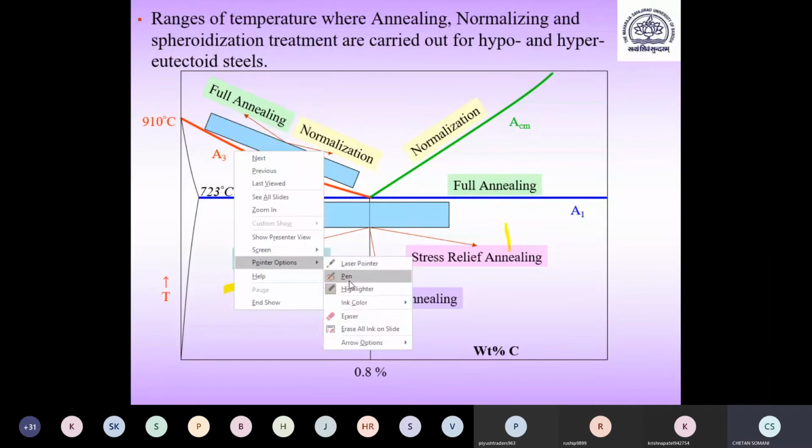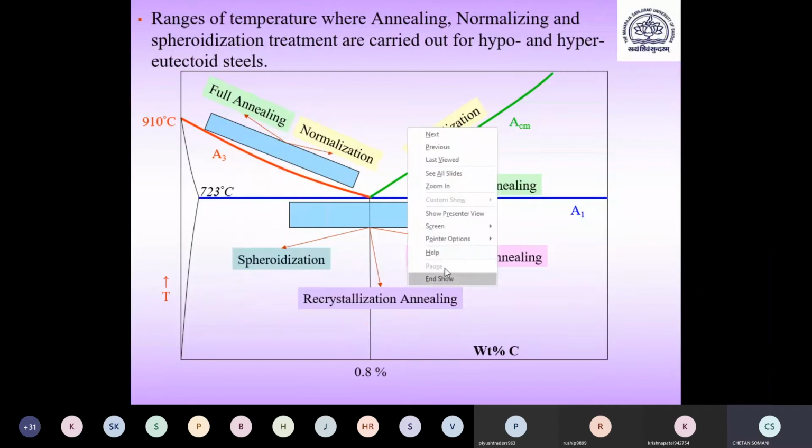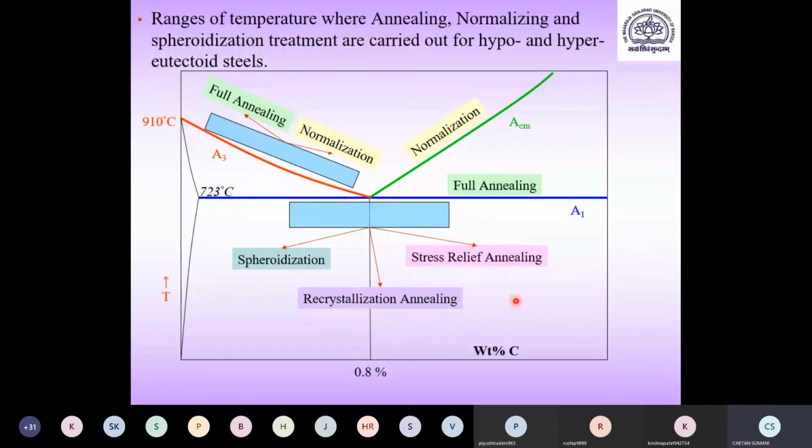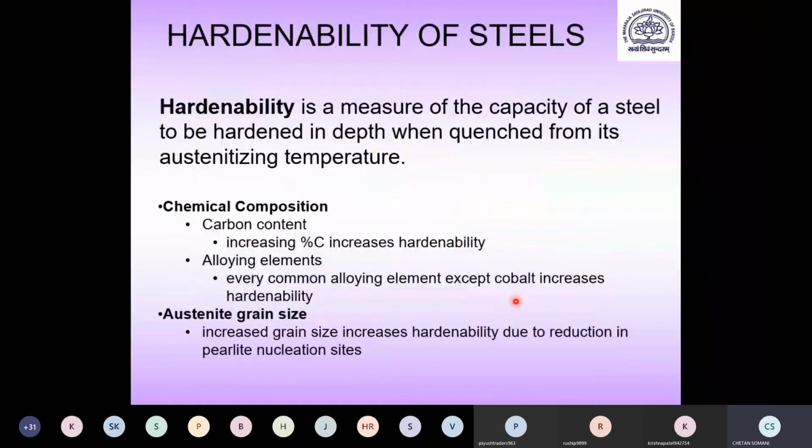So this is what we have discussed in earlier lectures, and now we move ahead to the further part, which is called hardening treatment. Before hardening treatment, we should understand what hardenability is, whether a material has the capacity to become hard or not.